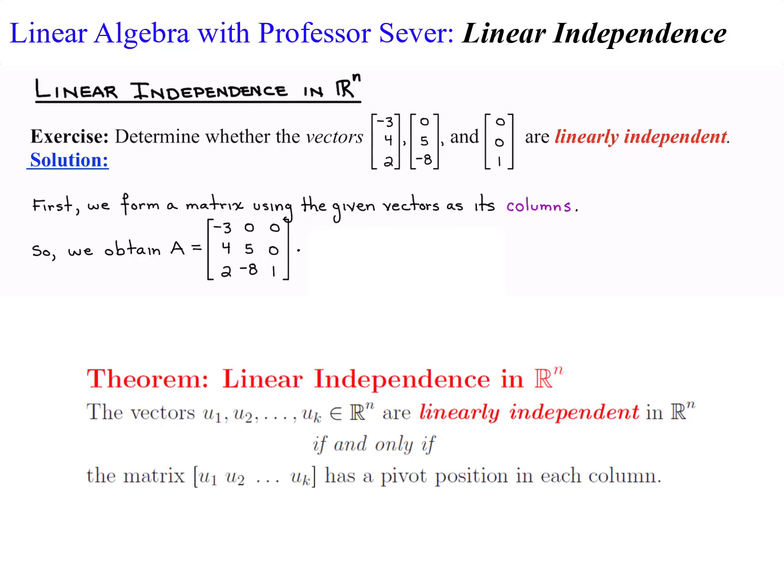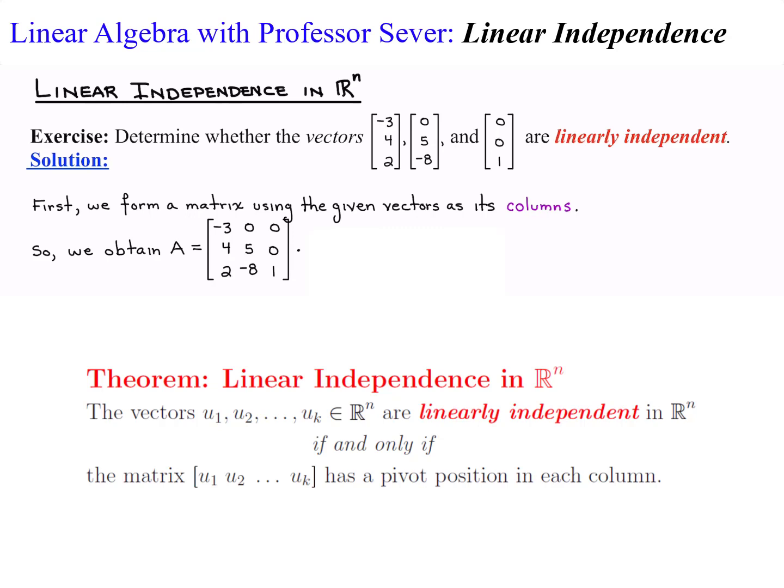So once we form the matrix using these vectors as its columns, we then need to check for a pivot position in each column, again through the process of row reduction. We can't see the pivots until we row reduce the matrix to echelon form.